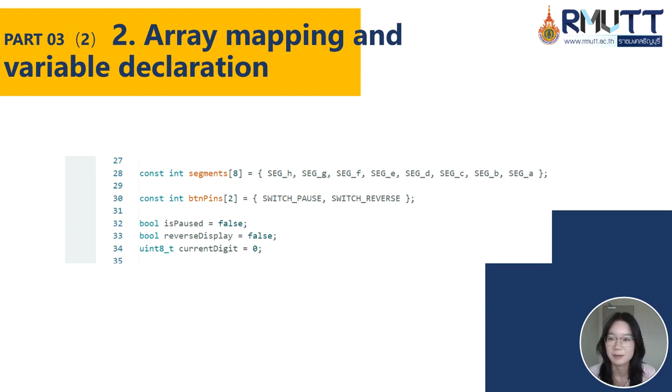This is part 2. Array mapping and variable declaration. Two mapping arrays are created here: segments, which maps logical segments to physical pins, and button pins, which organizes button pins.